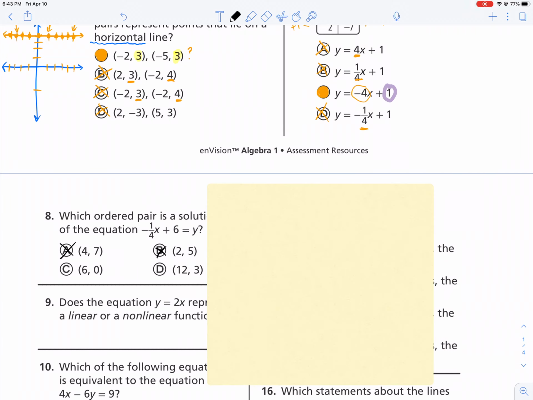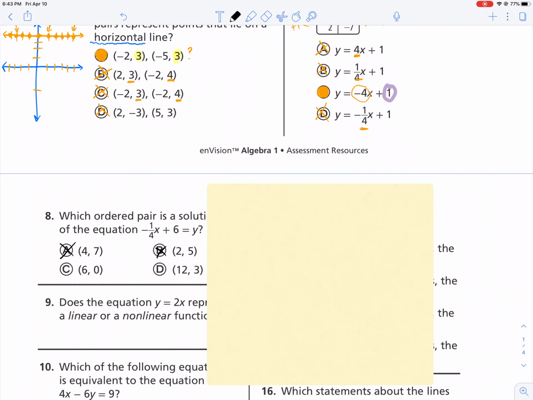So this question makes us go through all of them. Just to make sure Miss Chandler didn't make a mistake, we're going to write down our coordinate 12, 3, and we're going to say this is our x, this is our y, and we're going to say negative 1/4 times, not negative 12, positive 12, plus 6 equals 3. So negative 1/4 times 12, this is like 12 over 1, so we end up with negative 12 over 4 plus 6 equals 3.